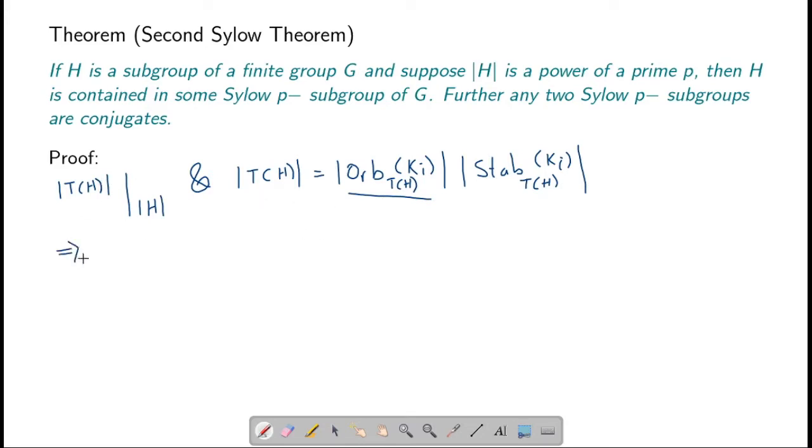the number of elements in the orbit of Ki divides the number of elements in H. But here we know that the number of elements in H is a power of a prime, which means that it is either 1, p, p squared, p cubed, or something like that.